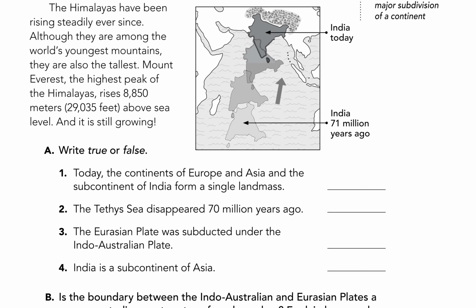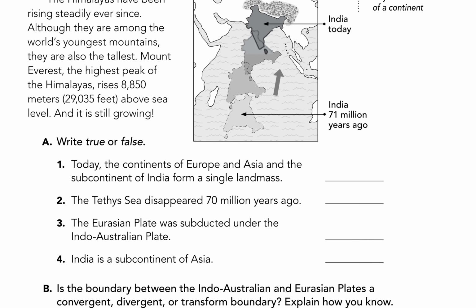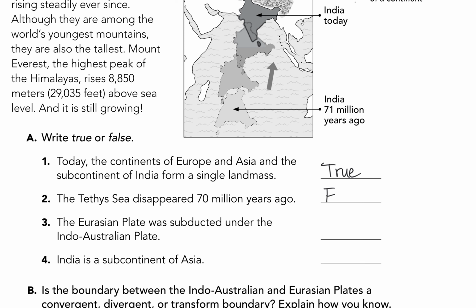For the questions, write true or false. Today, the continents of Europe and Asia and the subcontinent of India form a single landmass. This is true. The Tethys Sea disappeared about 70 million years ago. That's false.